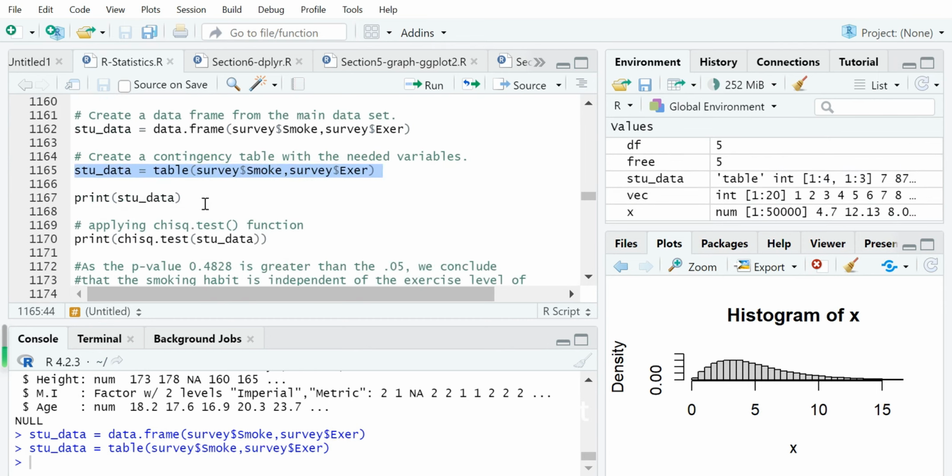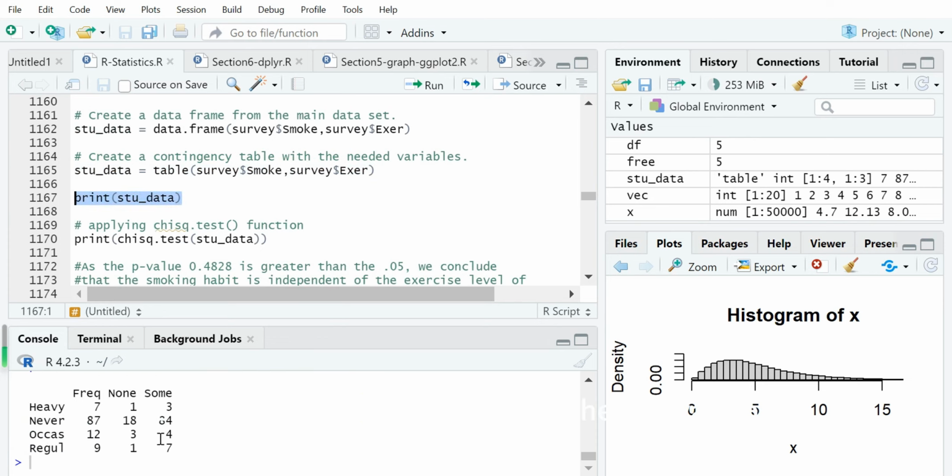Next, we can print out this table. This is a contingency table for the two variables. Smoking has four levels: Heavy, Never, Occasional and Regular, and exercise has three values. So in total we have 12 cells in this table.